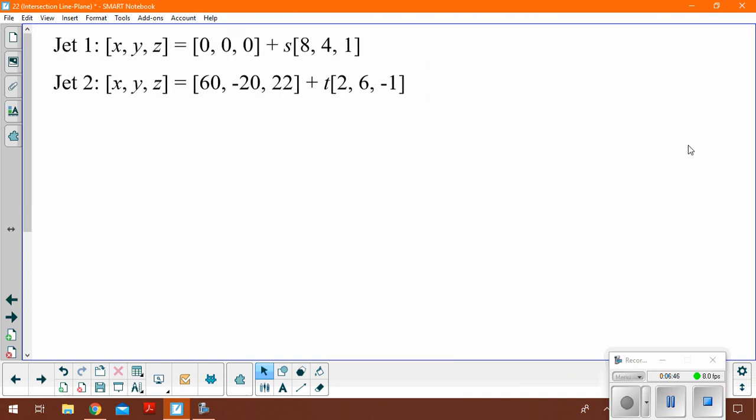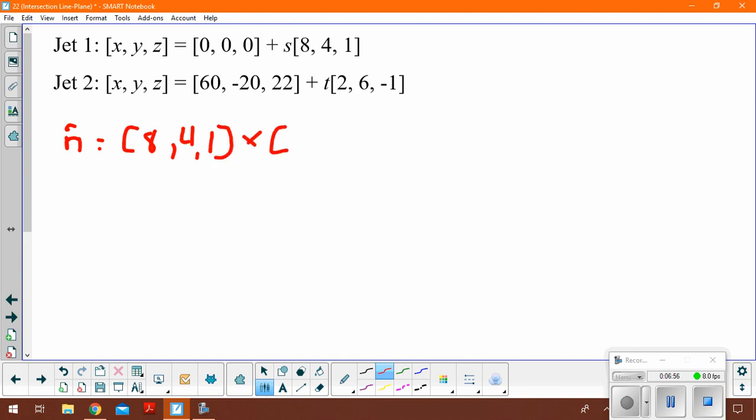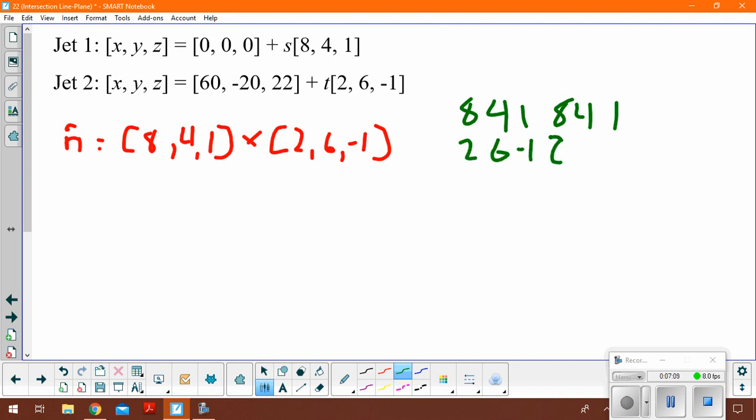First I have to find the common normal between the two lines. My normal is equal to (8, 4, 1) crossed with (2, 6, -1).